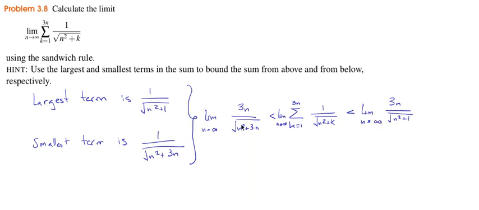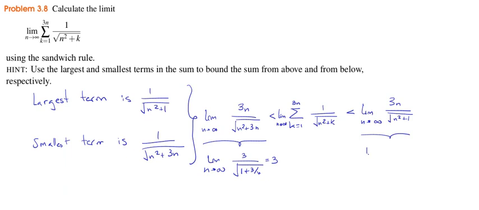Now this is 3n over the square root of n squared plus 3n. If we divide everything by n, we have 3 above, and below we have the square root of 1 plus 3 divided by n. So this limit is going to be 3.